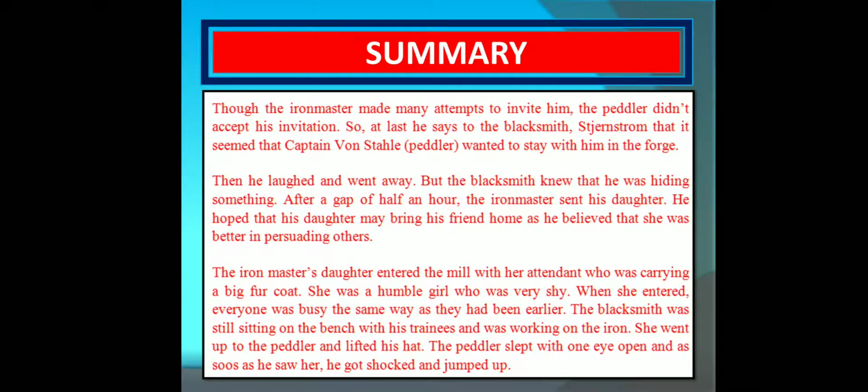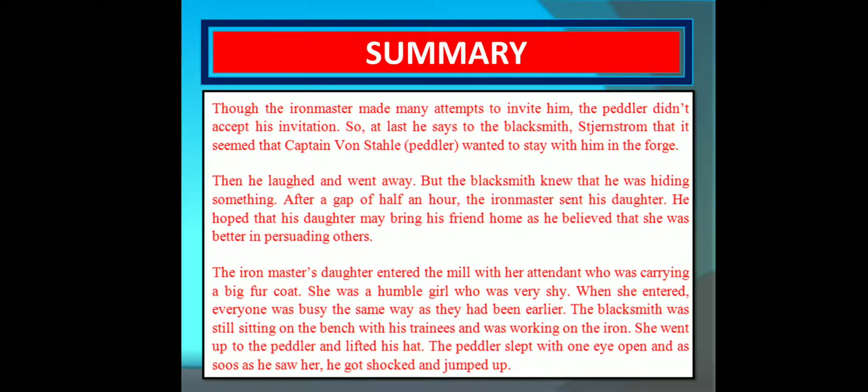After a gap of half an hour, the ironmaster sent his daughter. He hoped that his daughter may bring his friend home, as he believed that she was better at persuading others. The ironmaster's daughter entered the mill with her attendant, who was carrying a big fur coat. She was a humble girl who was very shy.